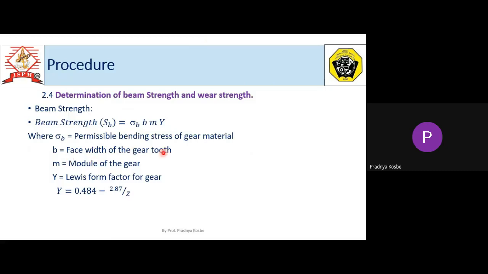And B is the face width of the gear tooth, which will be 10 times the module. M is the module of the gear.